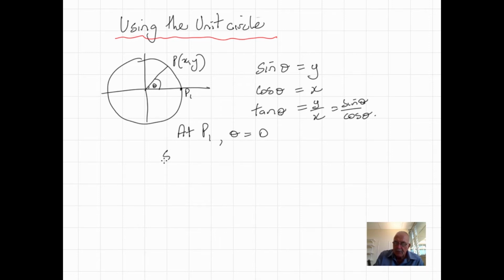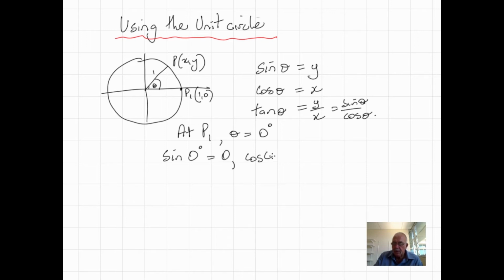So the sine of 0 is equal to the y coordinate. Now what is the y coordinate out here? If this is a unit circle of radius 1, then this will be the point (1, 0). So the sine of 0, what is the y coordinate? The y coordinate out there is equal to 0.